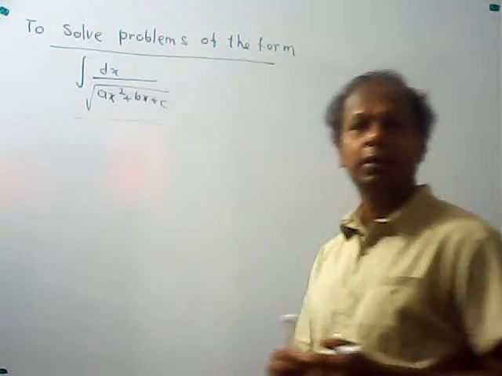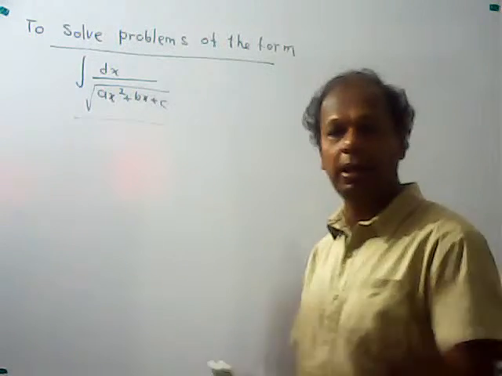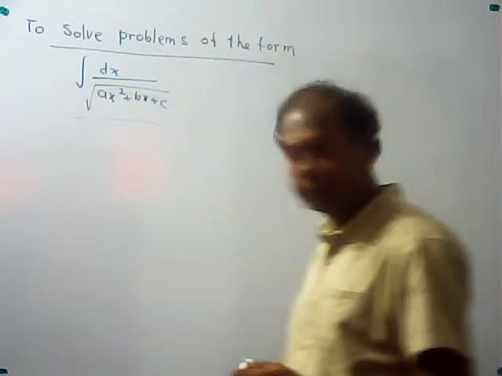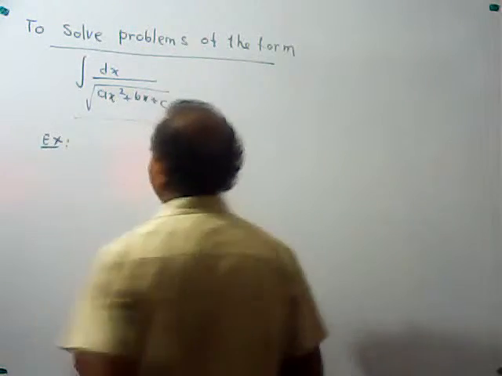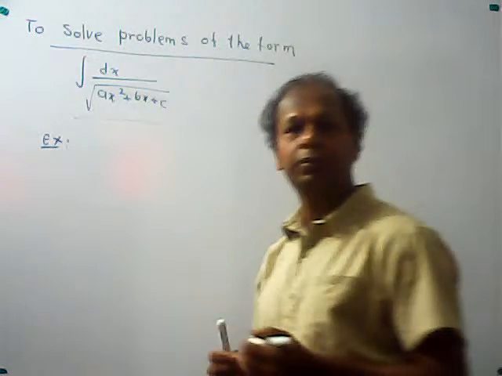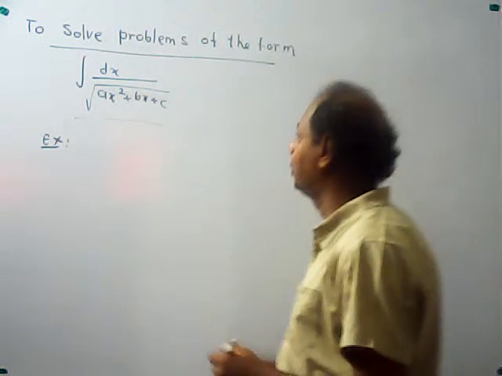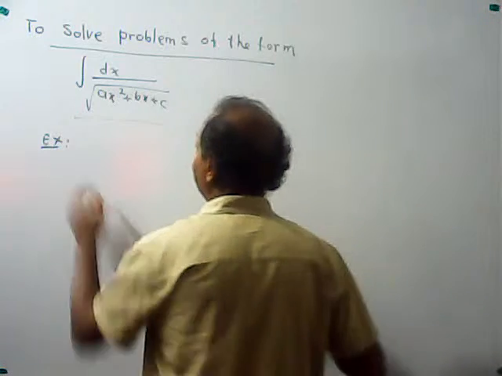Before going to the method of this directly, I'll give you some other questions. Exercise: you have to do this before we come to the discussion of this. Exercise 2 questions.